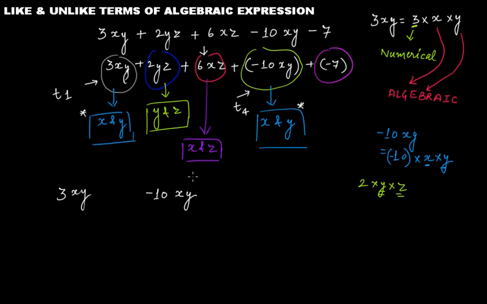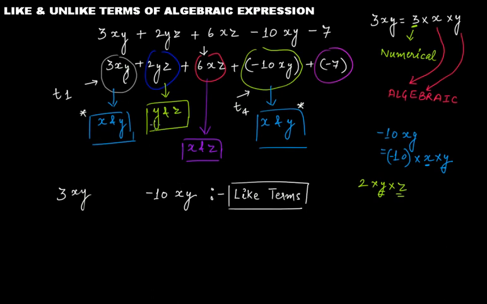Whenever you see two terms having the same algebraic factors, they are actually like terms. I'm again repeating, whenever your terms contain the same algebraic factors, in this case x and y, and here also x and y, they become like terms.